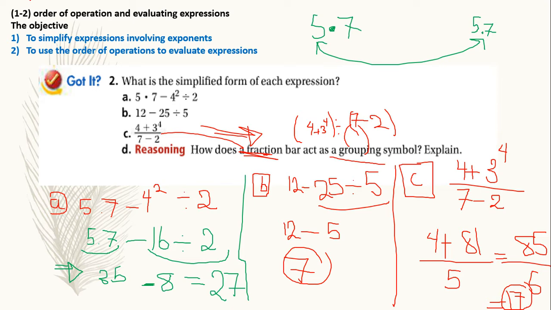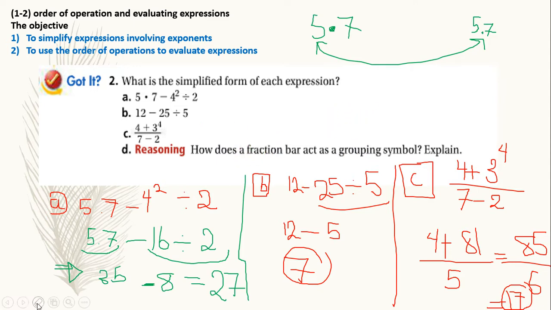So let me just write the answer for you. A fraction bar acts as a grouping symbol. They act the same, since you simplify the numerator and the denominator before you divide, as I did. Let me write the answer for you, because some of you like to see the answer written rather than depending on the oral answer.